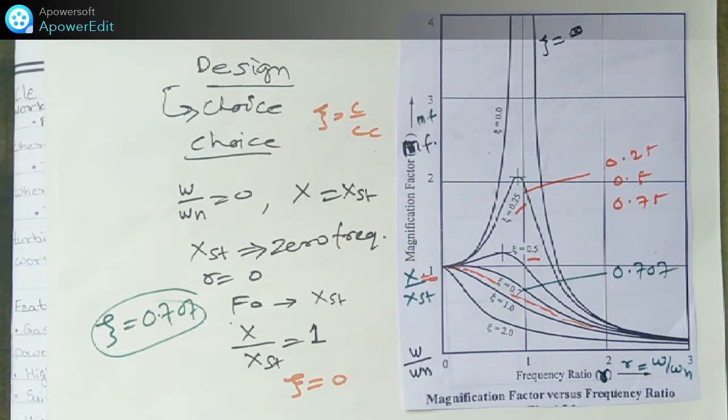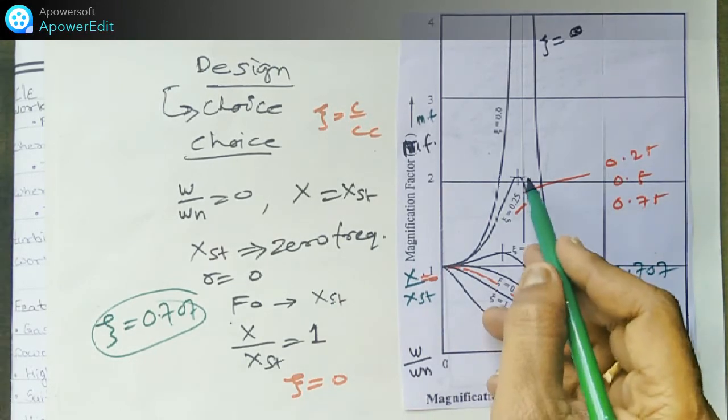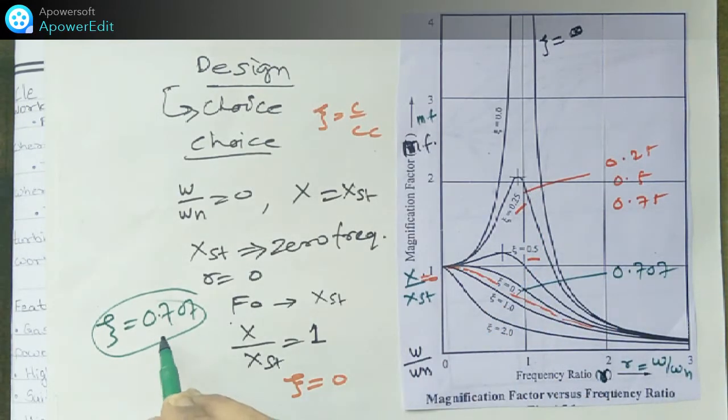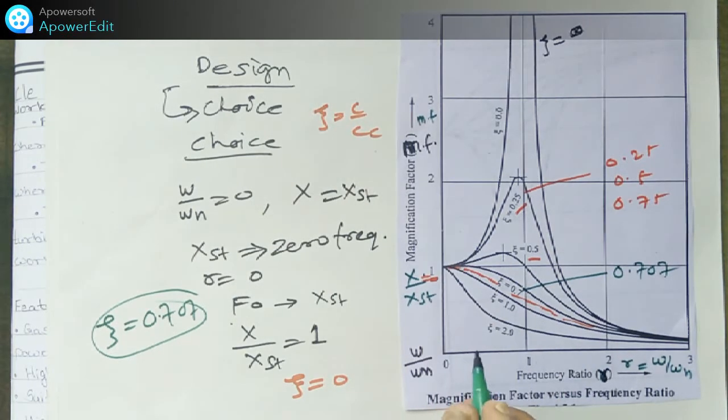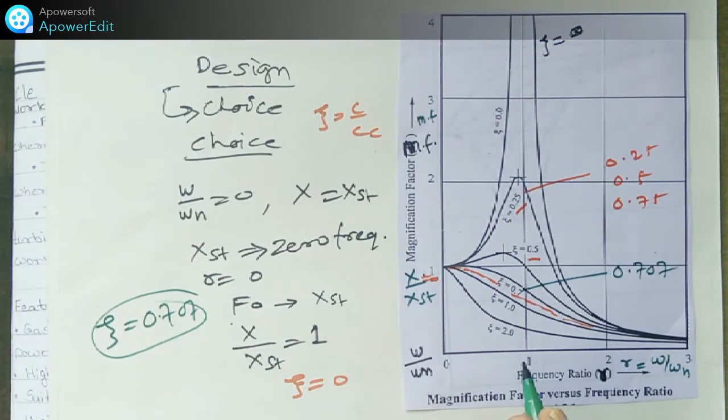So we are going towards the center maximum line, meaning this value is decreasing to less than 0.7. So we can understand the effect of damping near the resonance condition. This is the resonance condition, and with no damping the amplitude is 0.